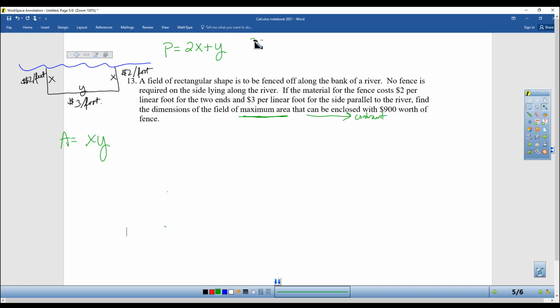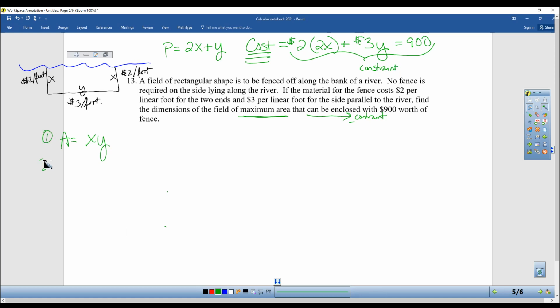But what you really want for your constraint is the cost. So the cost is going to be $2 for all this footage, which is 2x. And then it's going to be $3 for all this footage, which is y. So your cost can only be $900. This is your constraint.